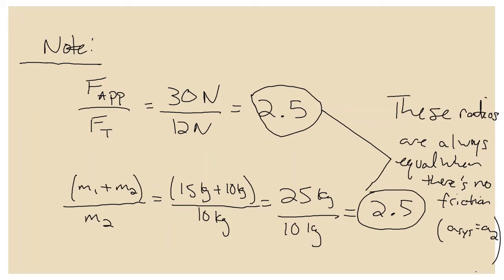And so, if you were given this exact problem, where instead of them asking you what is the acceleration, they just asked you what the tension was, you can just say, what's the ratio of the masses? Oh, the total mass is 2.5 times bigger than the mass of the second object. And then say, well, the applied force just got to be 2.5 times bigger than the tension. And figure out the number that way. Nice little shortcut for multiple choice questions.